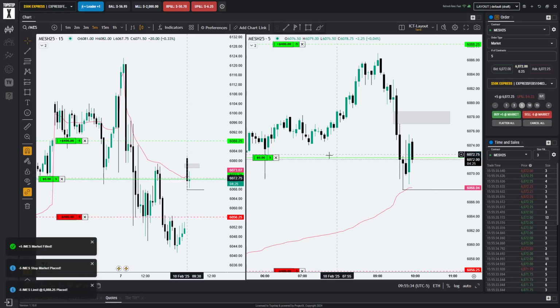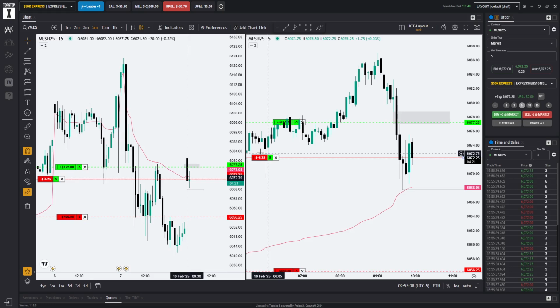I'm gonna try here. Order filled. Into this fair value gap.